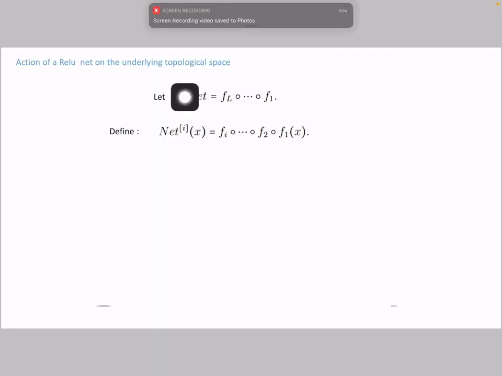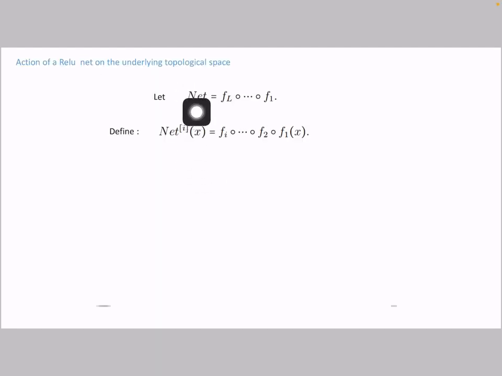So towards this goal, let net be a neural network that consists of L layers. I'm going to define the ith head of this net, which I'm going to denote by net superscript i, to be the composition of the first i functions.